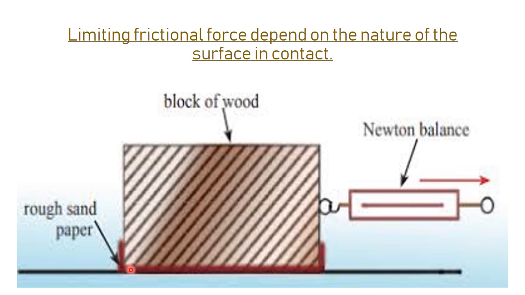They are fixing a sandpaper at the undersurface of this object. When they fix this sandpaper, the rough surface of the sandpaper should meet the floor, and the smooth surface of the sandpaper will cover the underside of this object.